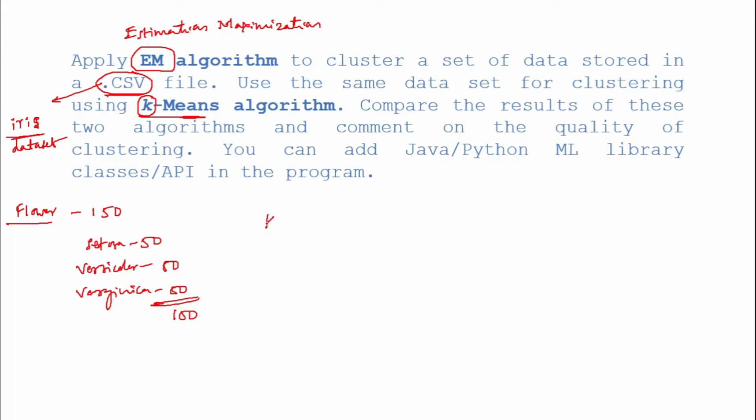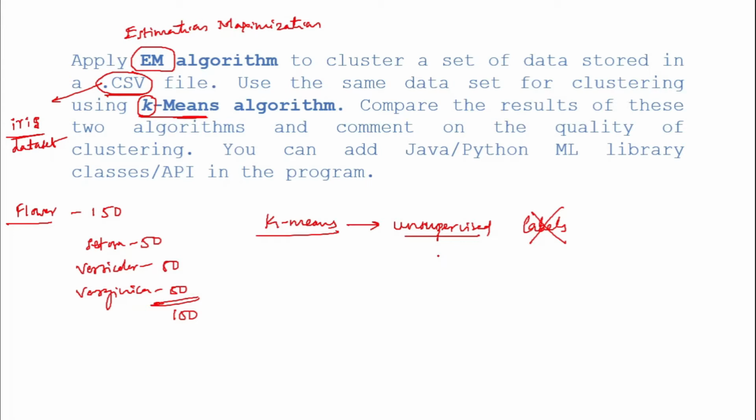Since K-means is unsupervised, we don't need labels for it. We don't need labels to train this K-means algorithm. So we only feed the data sample without any label.